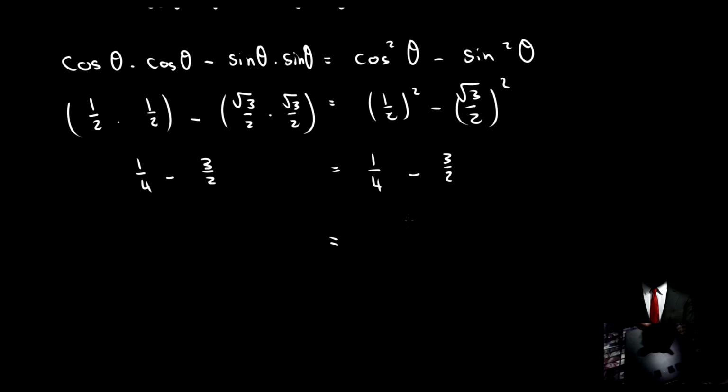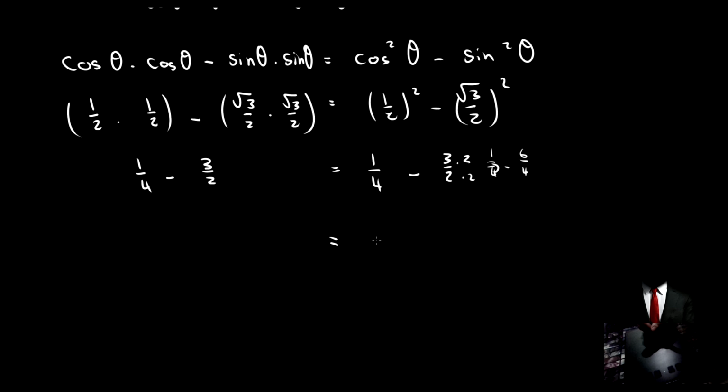Let's just proceed anyway. In this case, we want to use a lowest common multiple. So I can multiply both top and bottom by 2. This is then going to give me 6 over 4. So we have 1 over 4 minus 6 over 4.